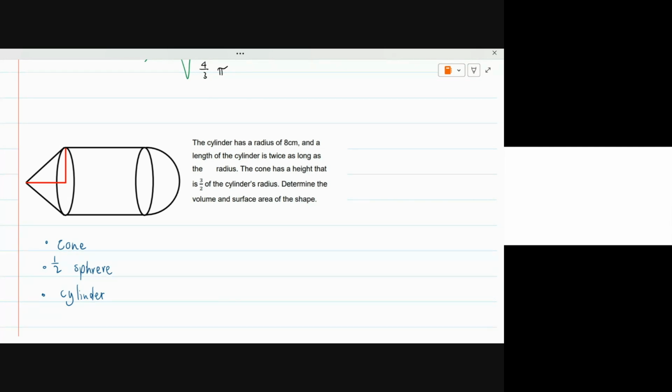All right. So let's read the information that we've been given here. This says the cylinder has a radius of 8 centimeters. So my cylinder, the inside part here, has a radius of 8 centimeters. That's a dead giveaway. Who can tell me why?